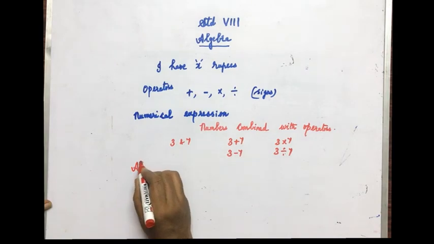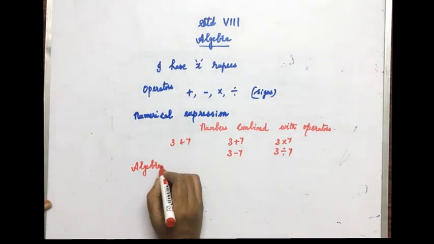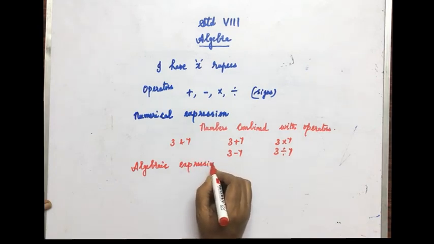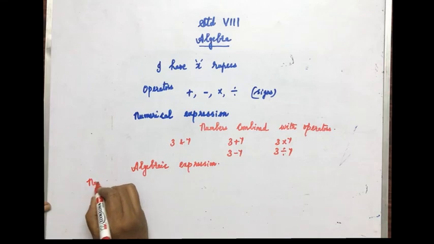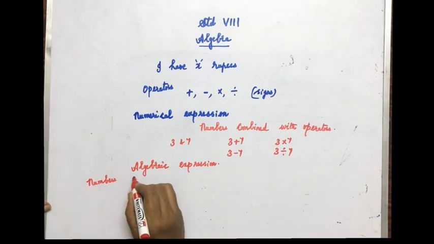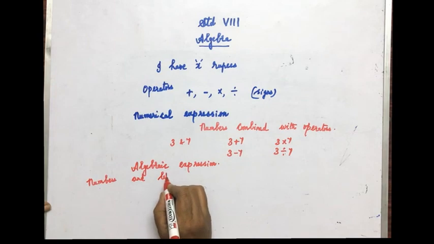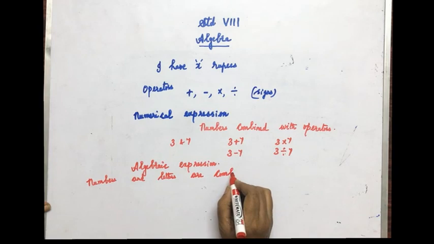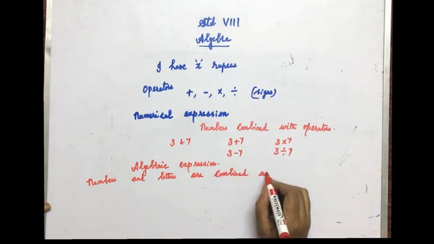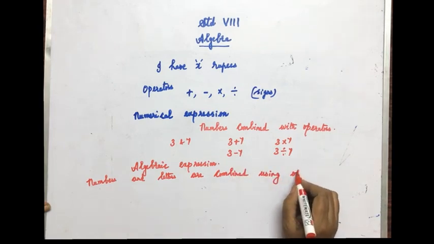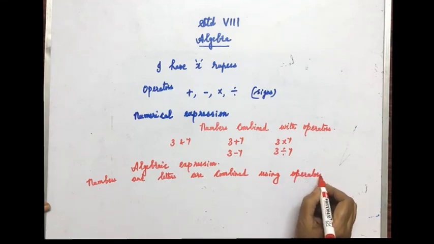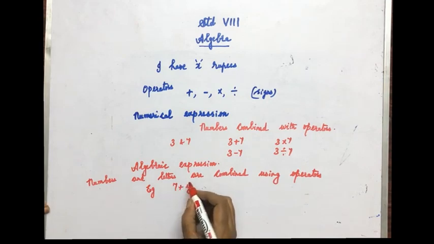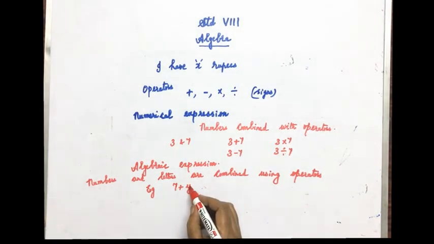Next we are going to see algebraic expression. Here numbers and letters are combined using the operators. For example, if we write 7 plus y, here 7 is the constant and y is the variable.